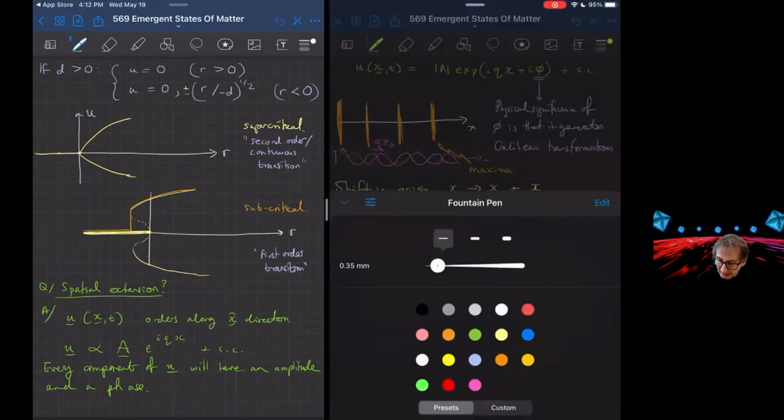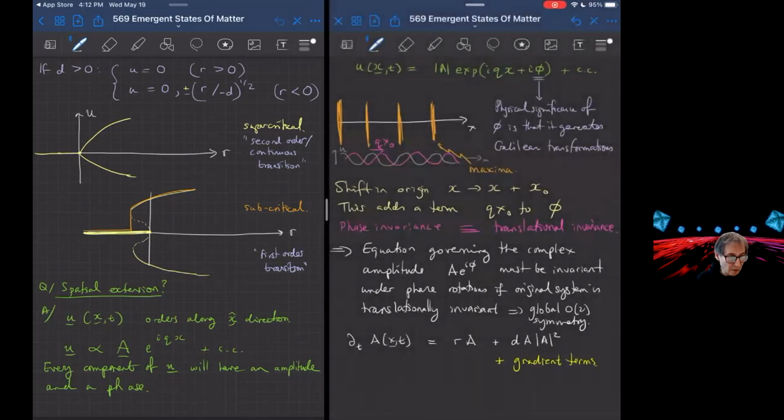So as I said, one could do this by some fancy renormalization group way, which we're not going to do.